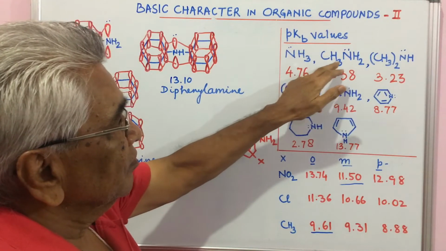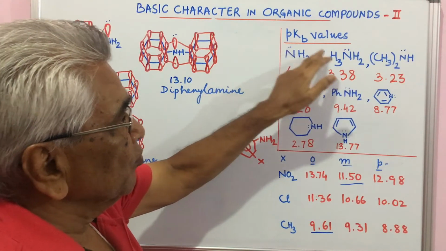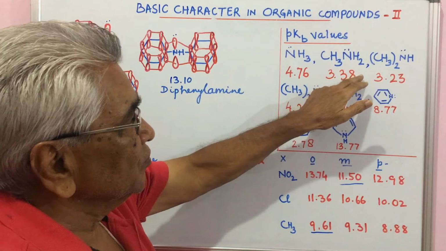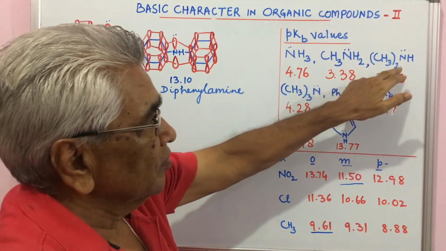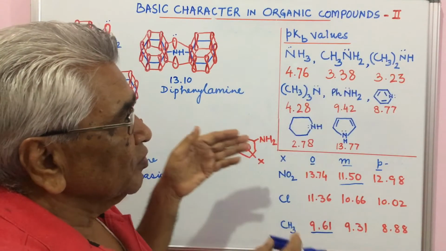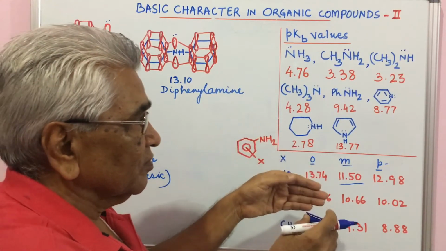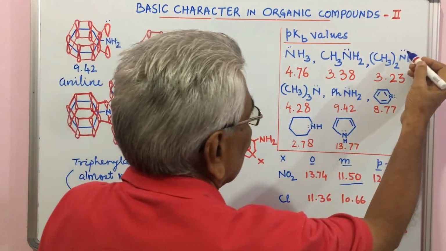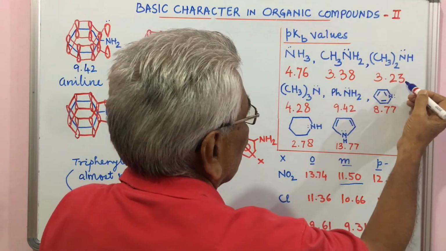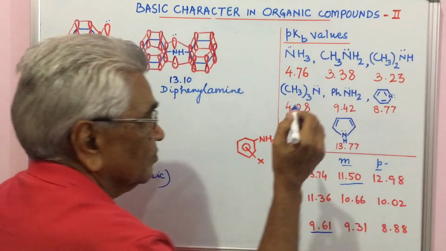Hence, as compared to ammonia, this is a stronger base. In dimethylamine, there are 2 methyl groups, both pushing electron density by plus I effect and making it more available. So, much more basic than this.